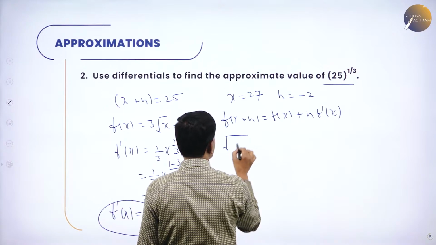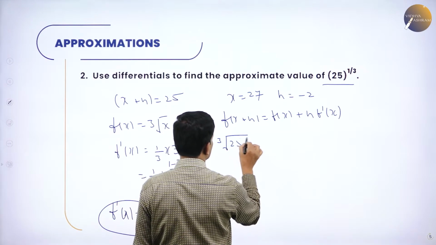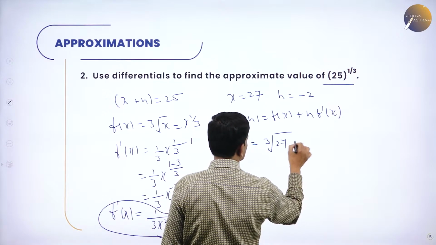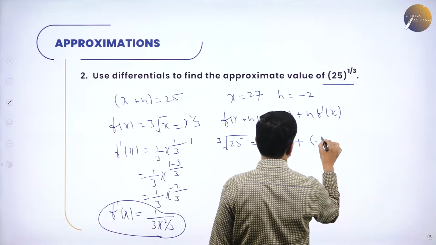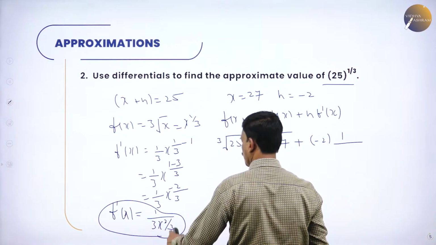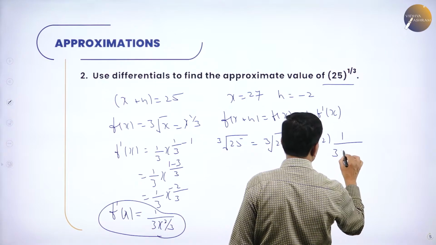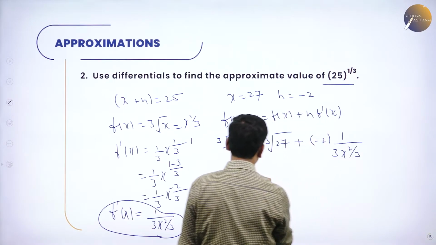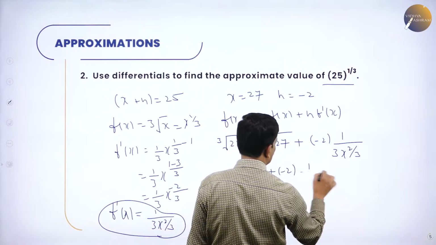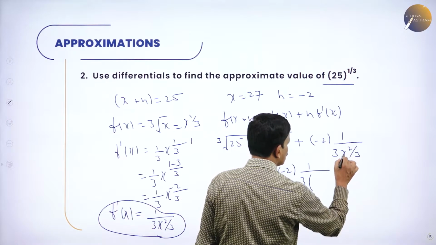So, this is nothing but cube root of 25 is equal to cube root of 27, that is f of x, plus h, which is minus 2, into 1 over this f dash of x, which is nothing but 3 into x to the power of 2 by 3. So, cube root of 27 is 3, plus minus 2 into 1 over 3 times this x.